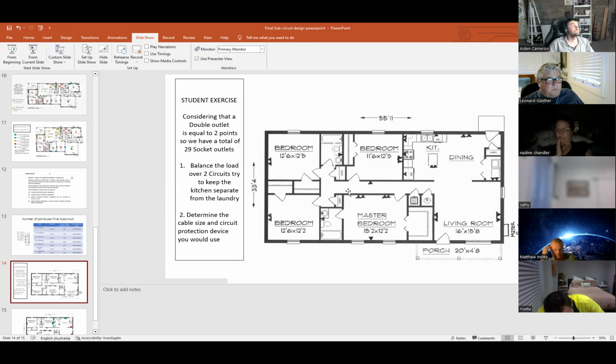We've just gone basically one half of the house and kept our laundry on that as well. So that's easy to wire, easy to work out. So on the other one, we go from the meter box here, we go over to here, and we'll pick up our kitchen here and over here. So you'd have 1, 2, 3, 4, 5, 6, 7, 8, 9, 10, 11, 12, 13, 14.